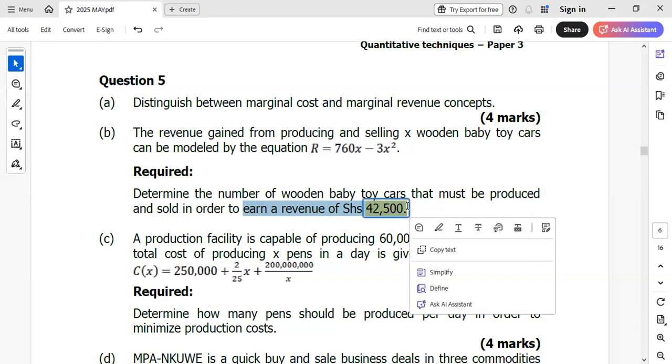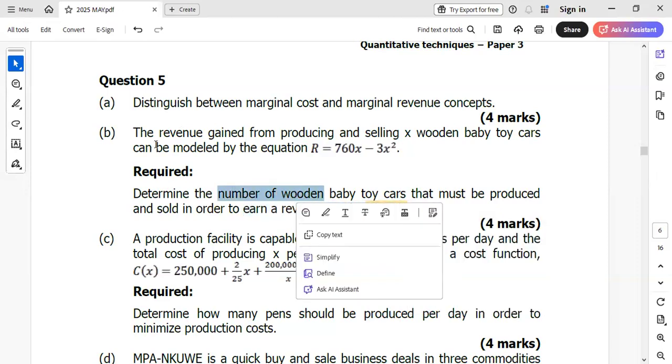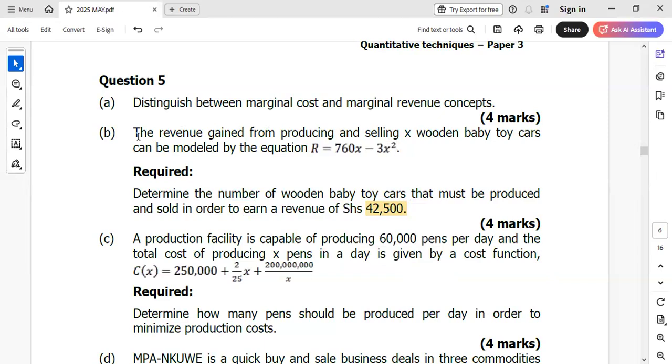Understand the question. They need the number X. Just the X here. You're given the revenue gained from producing and selling X wooden baby toy cars, which can be modeled by the equation.